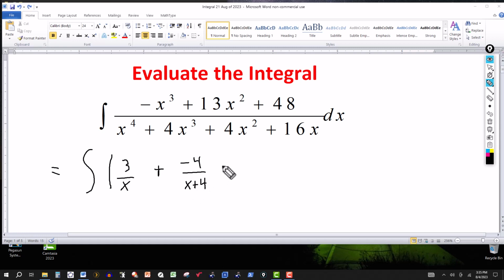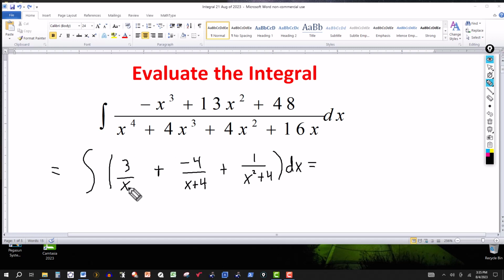And for the irreducible quadratic, I get c to be 0, d to be 1. So this is 1, and the factor was x squared plus 4. And we have 3 integrals. I could break this up into 3 integrals, but this one's pretty straightforward once you have the constants.